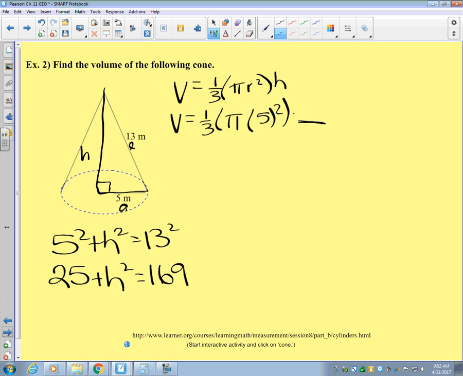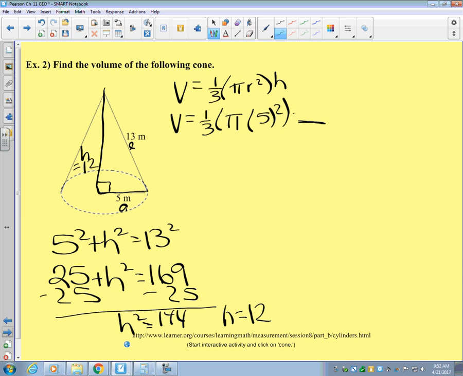So we've got 25 plus h squared equals 169. Subtract 25 from both sides. h squared equals 144. So h has to be the square root of 144. Have to be comfortable using Pythagorean theorem to find the missing values, because they're going to ask you to do this a lot. So our h is going to be 12.